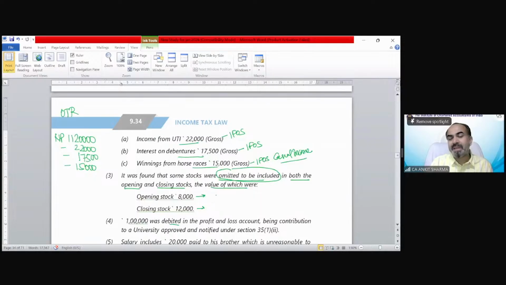So can you tell me the impact of these two things on my profit? What should be the treatment of this opening stock, and what should be the treatment of closing stock? Can you tell me? Please give me your answer.